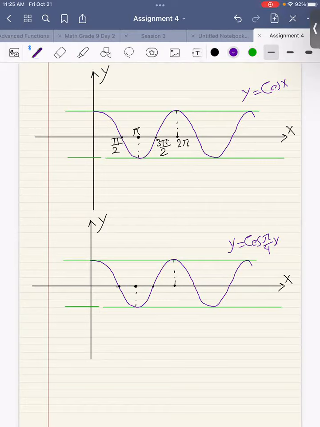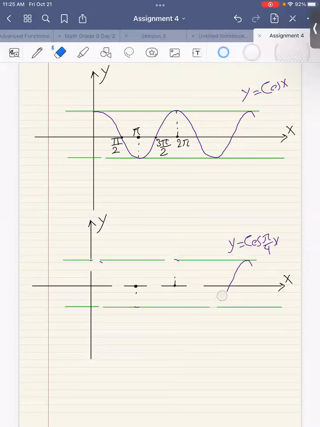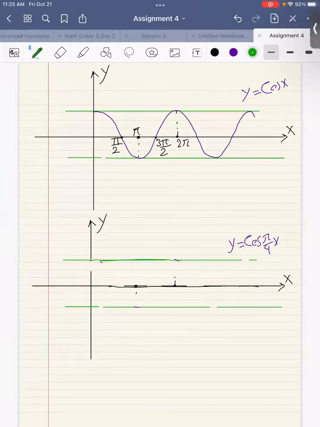Or let me just draw it. Let me erase everything. At what point is cosine of 4 pi times 1 over 4 pi times x equal to 0? x equal to 2, right?